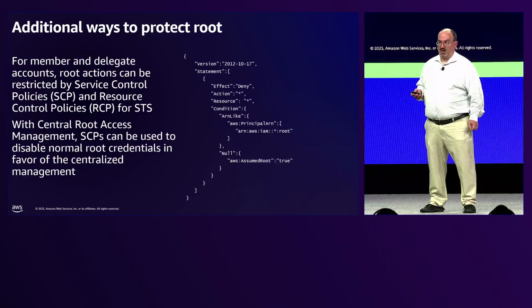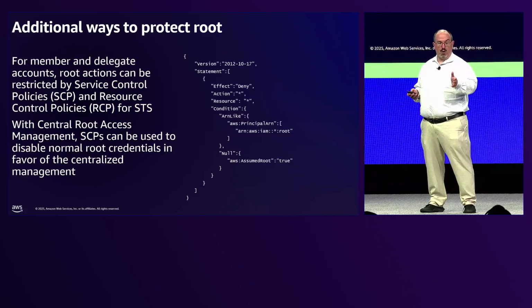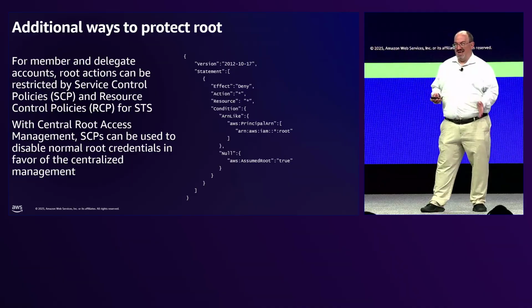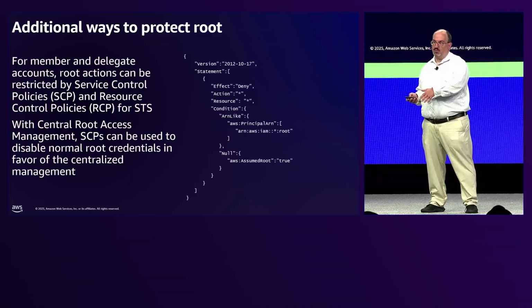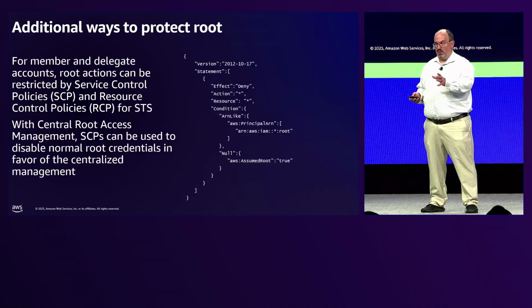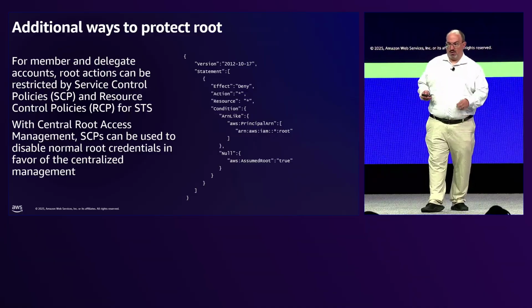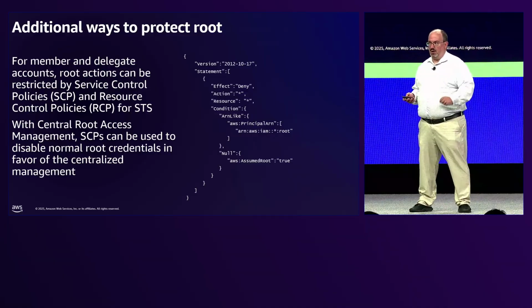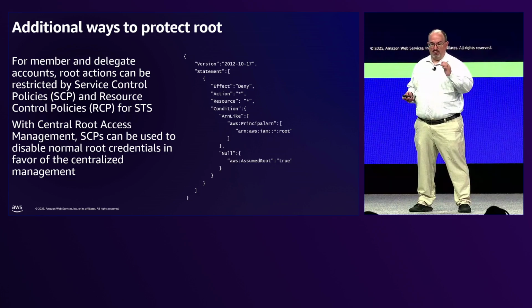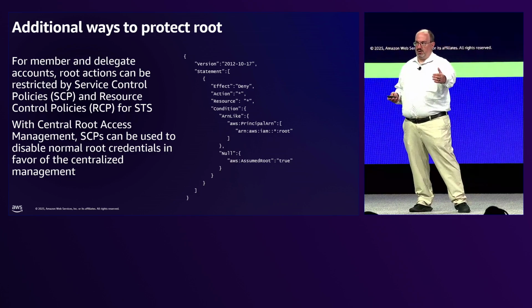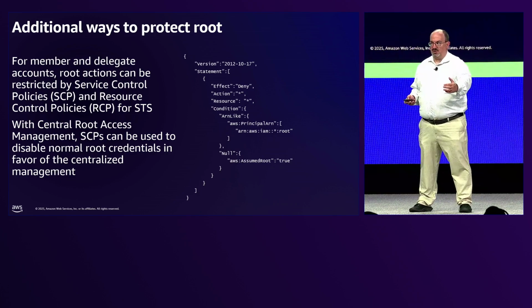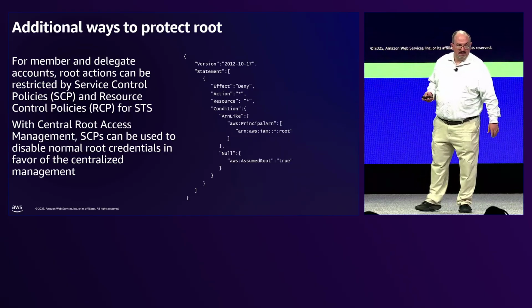In this case, it's setting it to null to say that I'm going to block all actions from a root user unless it's an assumed root credential. So that way, if you don't need root for other solutions that are not there yet, such as older billing statuses, you can fully buy in to the centralized root management process without causing any additional risk for yourselves.